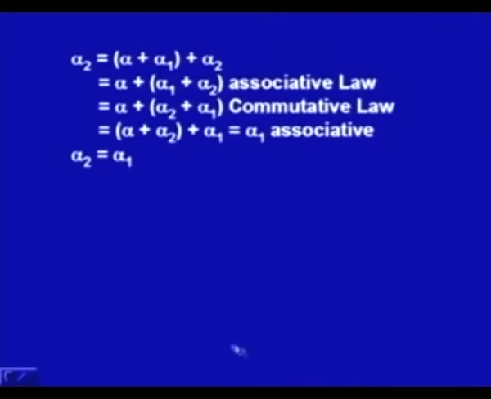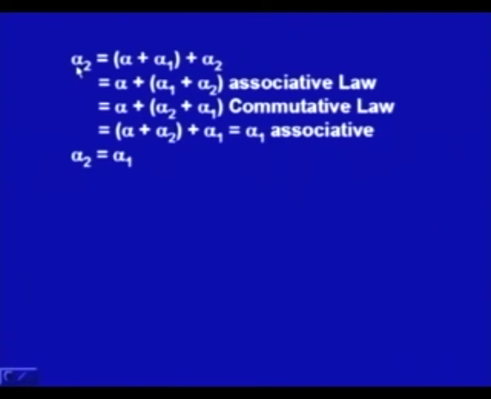So, if I start with this, alpha 2 is equal to alpha plus alpha 1 plus alpha 2, but since this addition is associative, I can change the brackets like this. But then this addition is commutative, so I can change the order. So, it is alpha plus alpha 2 plus alpha 1, and again I can change the bracket because of the associative property. So, what I have is alpha plus alpha 2 plus alpha 1, but then I have already proved that this is nothing but alpha 1.